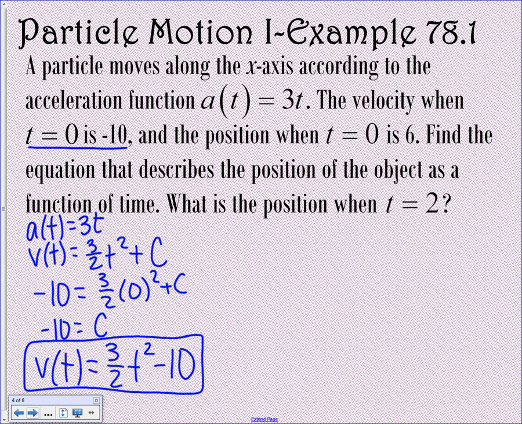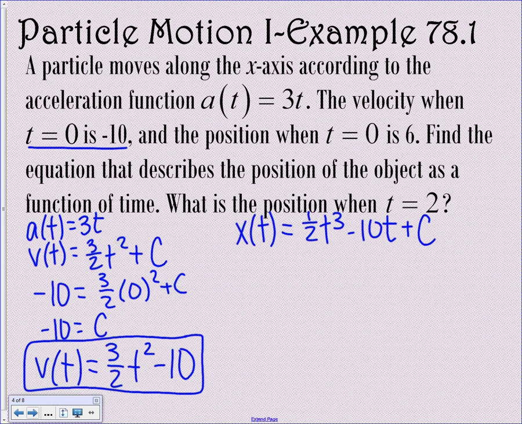So that's your velocity function. Now to find the position function, we're going to integrate that. So if you integrate your 3/2 t to the 2, you end up with 1/2 t cubed minus 10t, and then plus c.